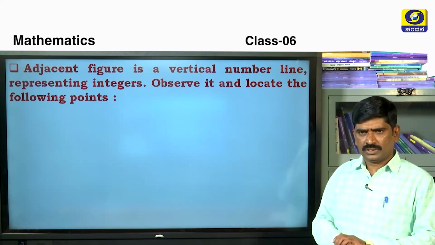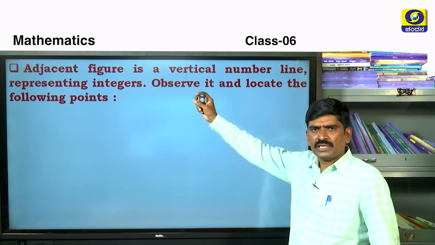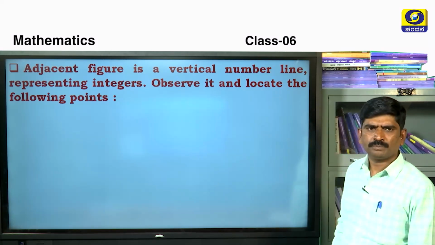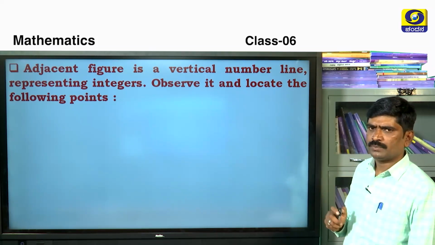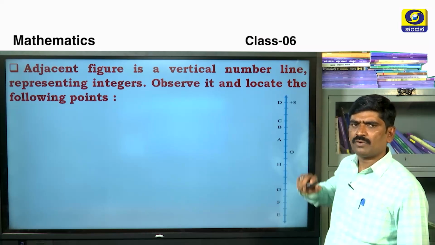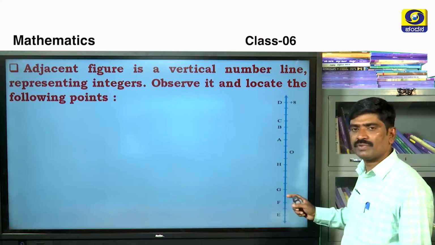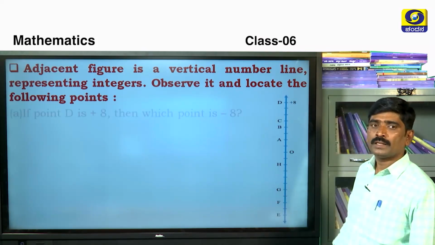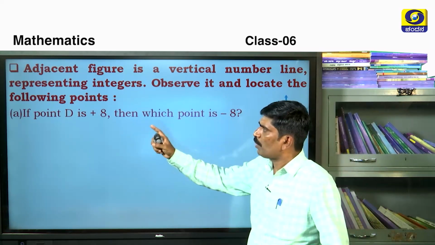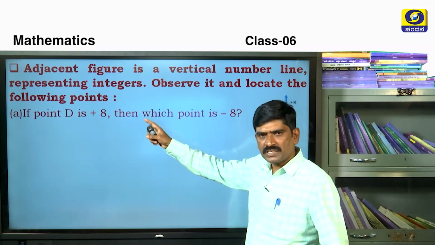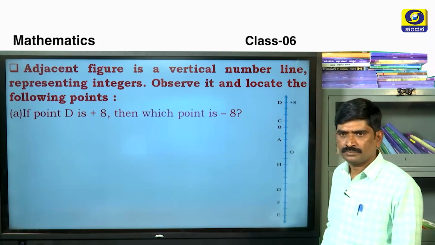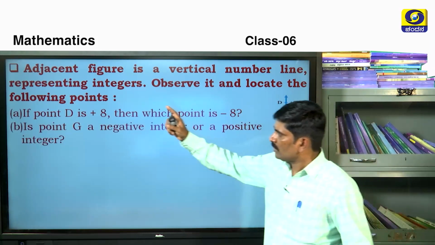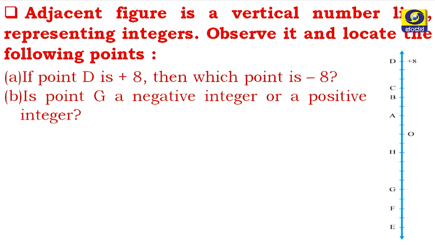Let us take one example. The adjacent figure is a vertical number line representing integers. Observe it to locate the following points. If point D is plus 8, then which point is minus 8? Next question. Is point G a negative integer or a positive integer?